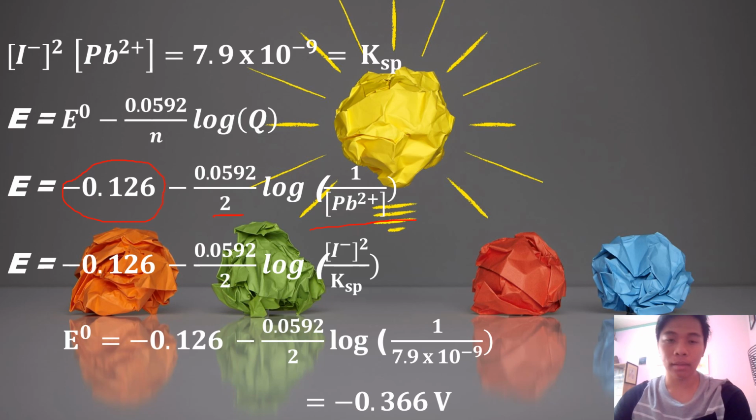Now, as done in the previous problem, we can equate Pb2 plus to iodine raised to negative 2 over KSP by manipulating the KSP expression.